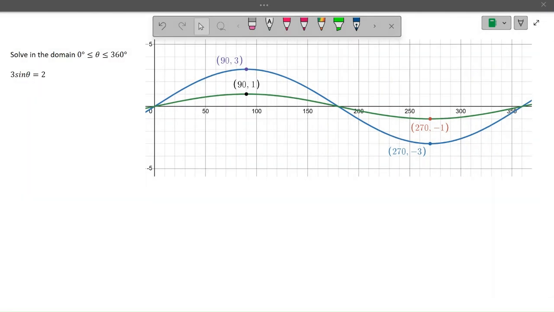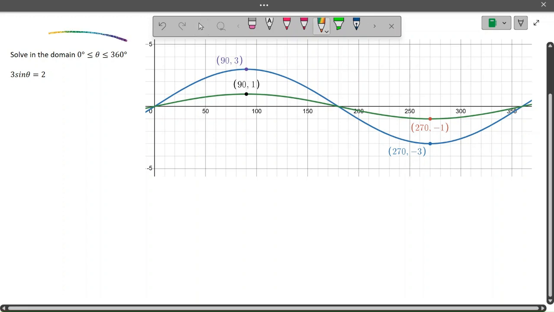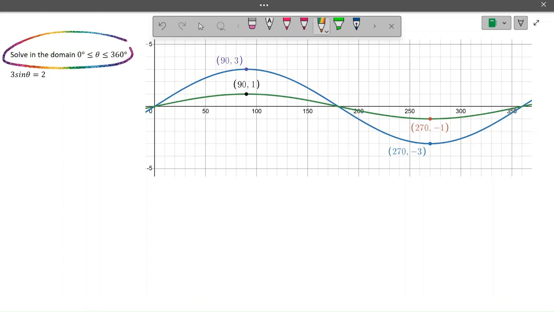Let's go ahead and start by solving our first sinusoidal equation that has an amplitude. First, I'm going to do what I would do normally when solving any trig equation. I'm going to look at the domain that I am solving within. Remember, sine waves go on infinitely, so we have to know the part of the wave that we're looking at.